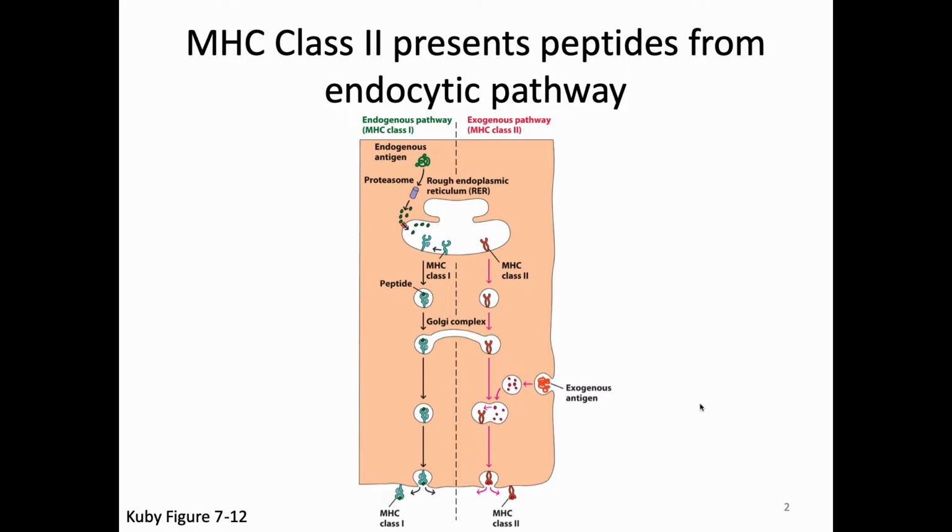These are antigens that come into the cell by phagocytosis. And so all of the peptides that are presented in class 2 are coming from some part of the endocytic pathway. And so again, we talked a little bit last time about this idea of which side of the membrane stuff is on. Is it on the cytoplasm side or away from the cytoplasm? Class 1 was presenting the cytoplasm stuff. Class 2 is going to be presenting the not cytoplasm stuff, stuff that's in one of these types of vesicles.